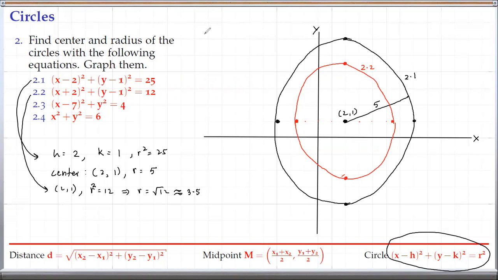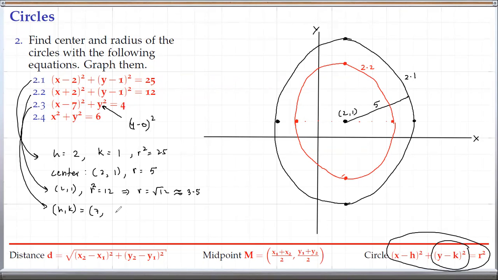Now the third one, we have x minus 7 squared plus y squared equals 4. So from here, you see the center h, k. h is 7. And here we have y squared, which you can write as y minus 0 squared. So we have this format, y minus k squared.